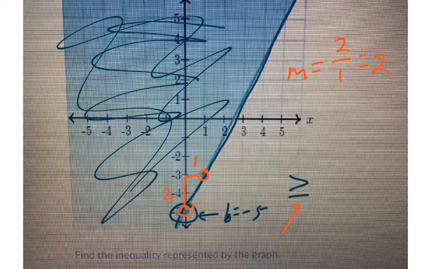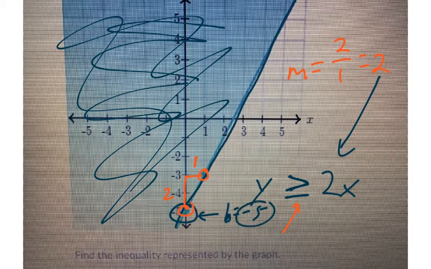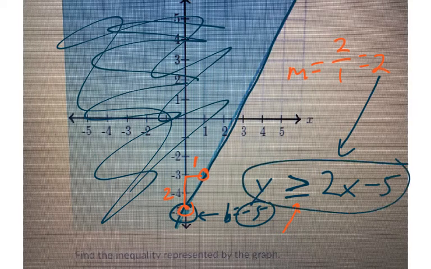So, we're ready to do our answer, guys. y greater than or equal to 2x. Remember, slope is 2. The b again was -5, so -5. And that's what you type in the box down there, guys, to get it right.